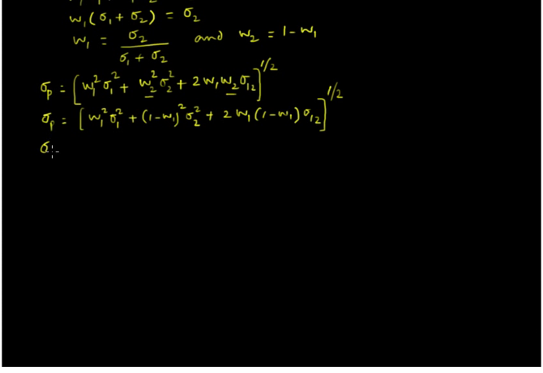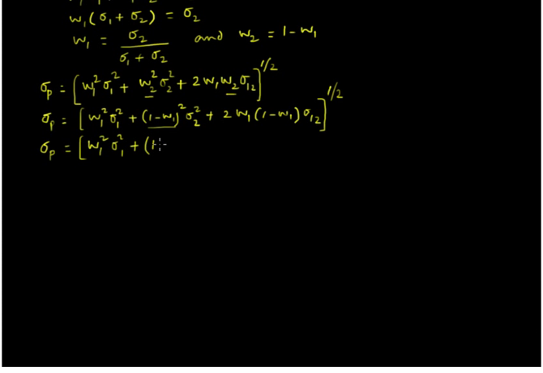Let us now simplify this by opening the relevant brackets. W1 squared times variance of 1 plus, let us now open this square.